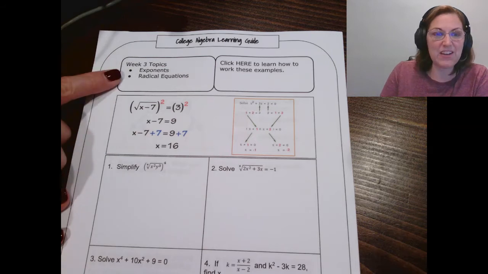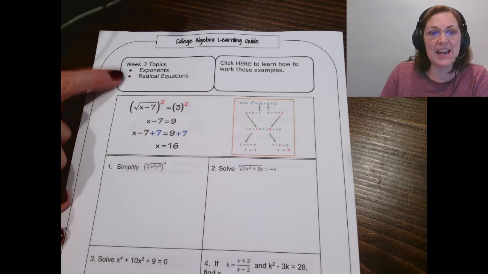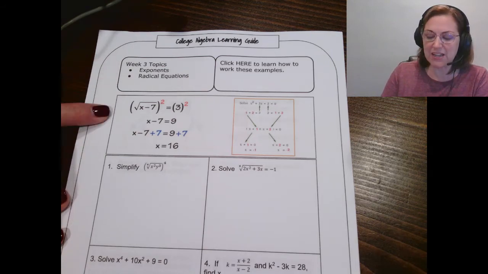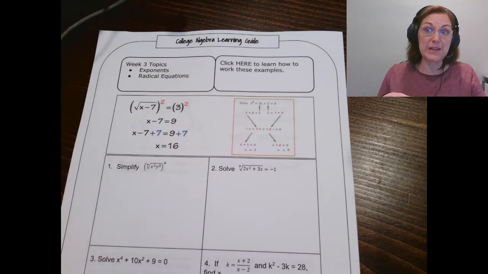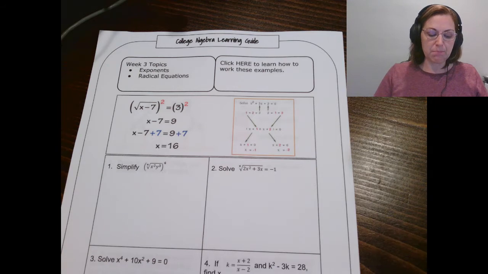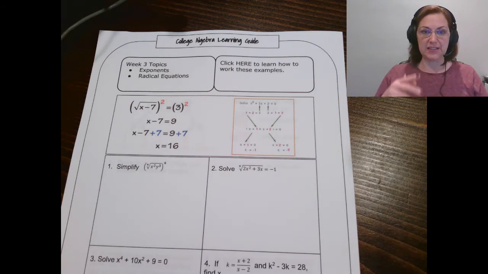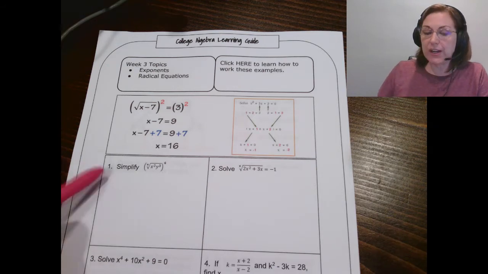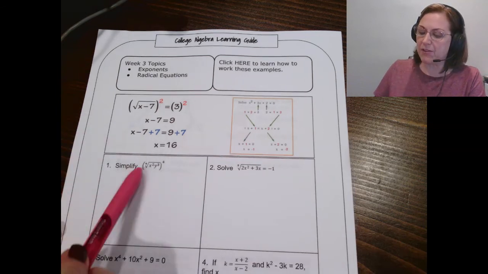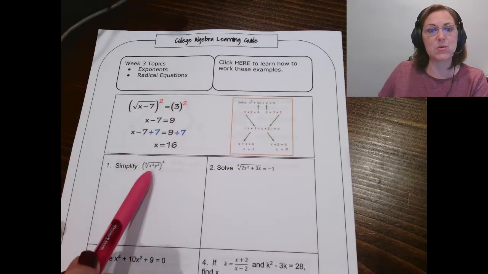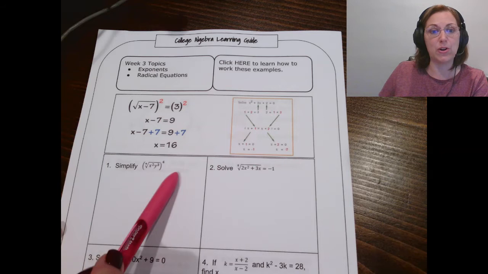This video is going to focus on exponents and radical equations. And I've given us a couple of examples, but I want to jump into the examples we're going to work before we look at those notes. So look at problem number 1. We have the fourth root of x squared y cubed all to the fourth.